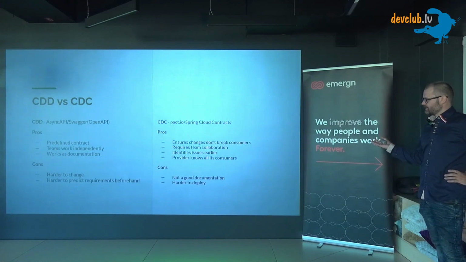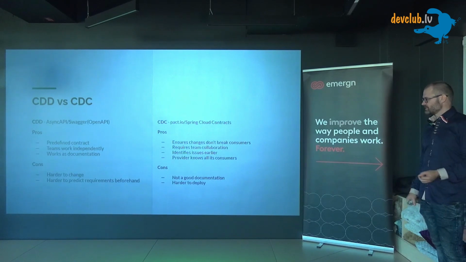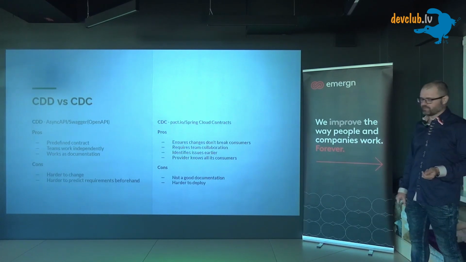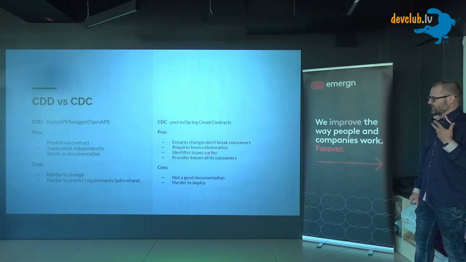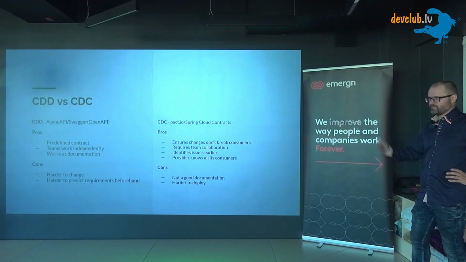And then we expect the provider to implement those messages that our consumer will require. So it requires more team collaboration. We can't expect the messages to show up from thin air. So we have to go to the main application team and ask them, please implement those events according to our contract.